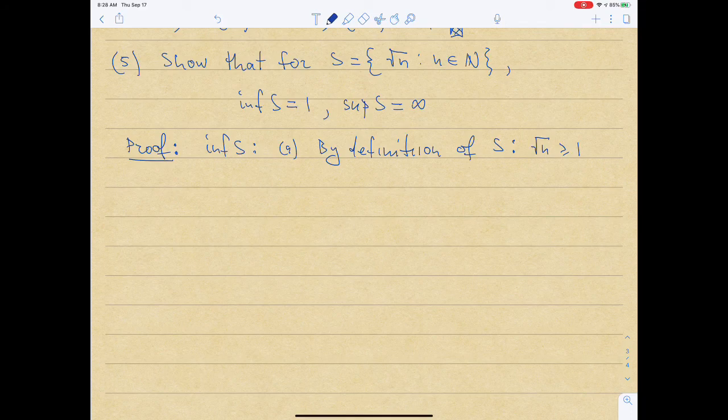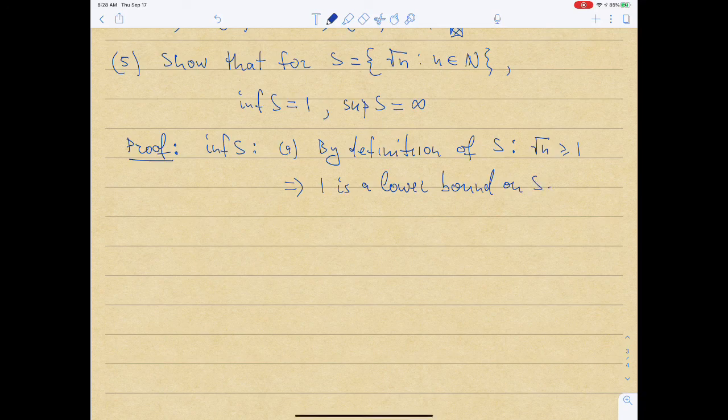So if square root of n is greater or equal than 1, then what I have is that 1 is a lower bound on S, right?